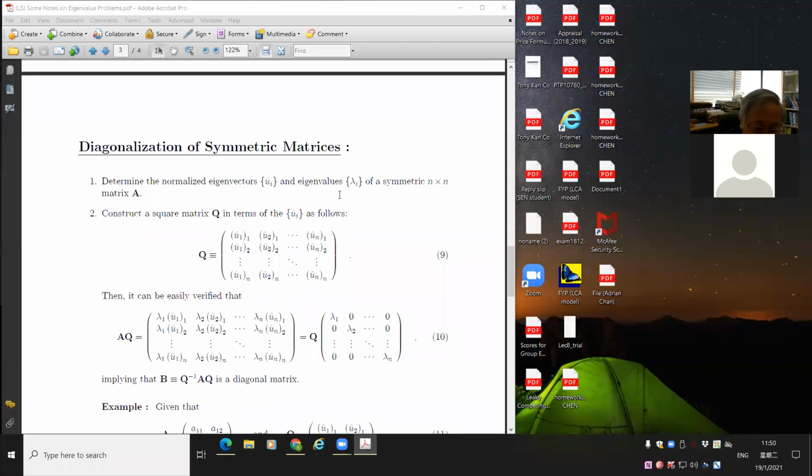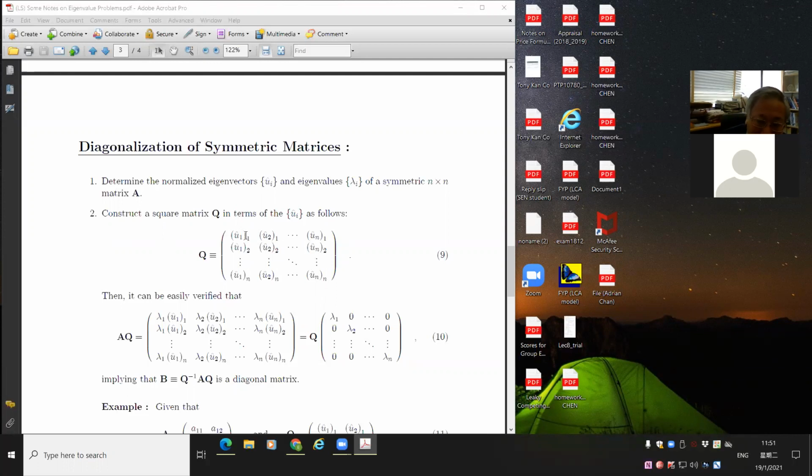And we try to normalize these n eigenvectors in such a way that the norms of these normalized eigenvectors are all equal to 1. So how do we do that? Let us construct a square matrix, we call it Q, as follows in terms of these normalized eigenvectors. The first column contains the first eigenvector, the second column the second eigenvector, up till the nth column with the nth eigenvector.